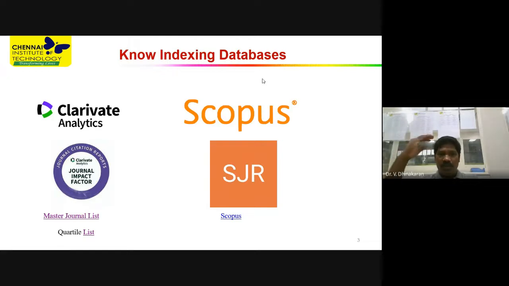So, Science Citation Index Expanded, SCIE. Even now in some places you may see SCI, Science Citation Index. But as far as Clarivate Analytics is concerned, there is no such database called SCI.